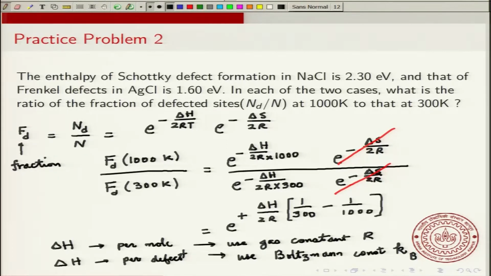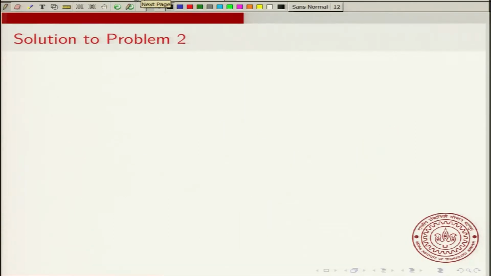Now here the defect formation energy is given in electron volts. So 1 electron volt is equal to 1.6 into 10 raised to minus 19 joules.